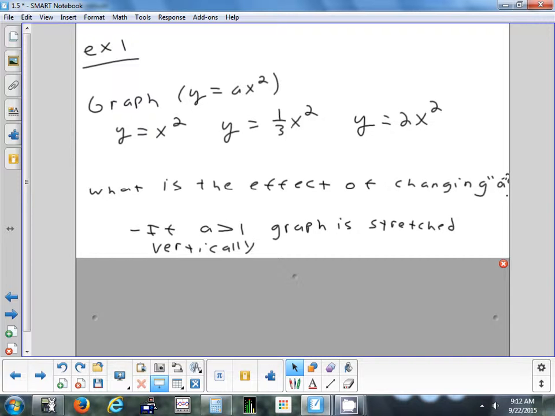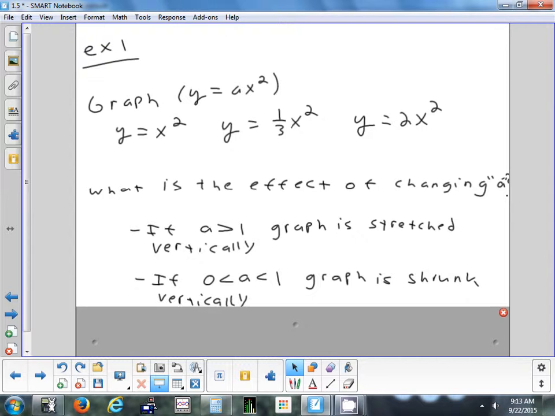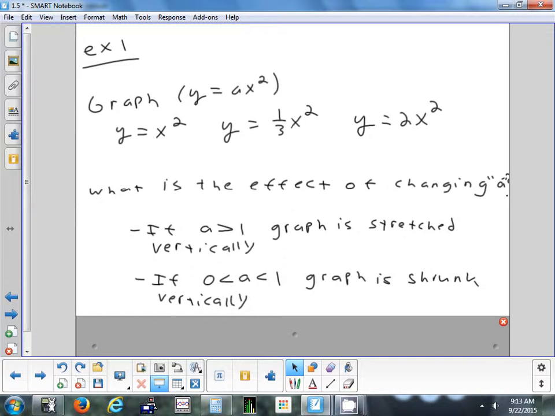If you put a number in front of x that's bigger than 1, okay, it's going to cause your graph to stretch vertically. If you put a number in that's between 0 and 1, that's going to cause it to shrink vertically or compress.